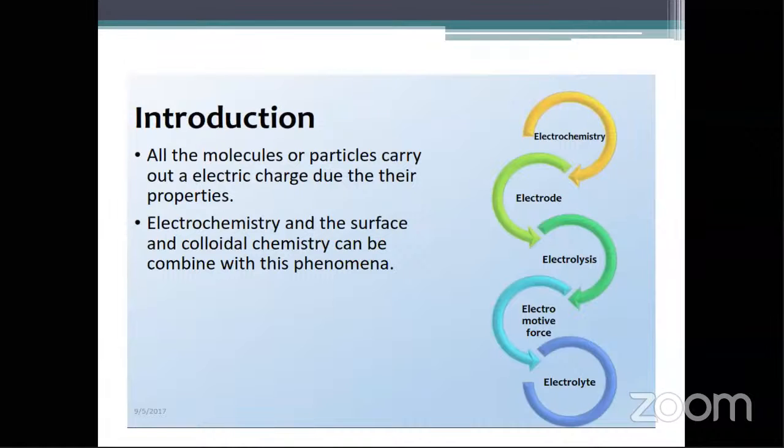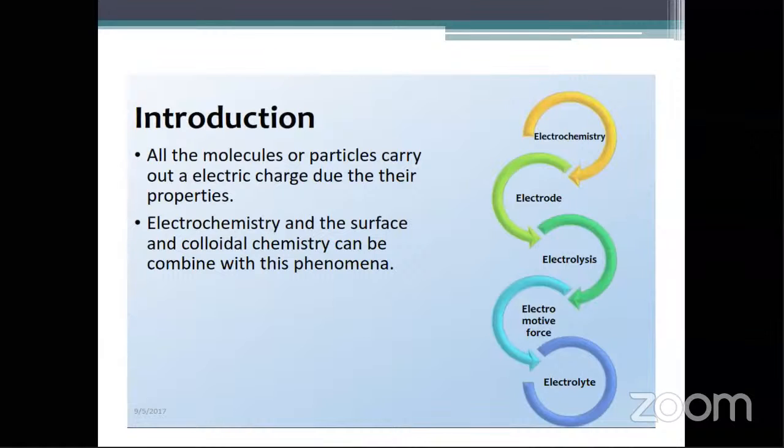Electrochemistry and surface and colloidal chemistry can be combined with this phenomenon. In the next semester, we will study one new chapter, that is colloid.